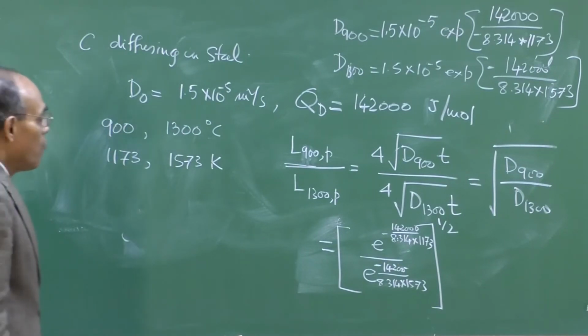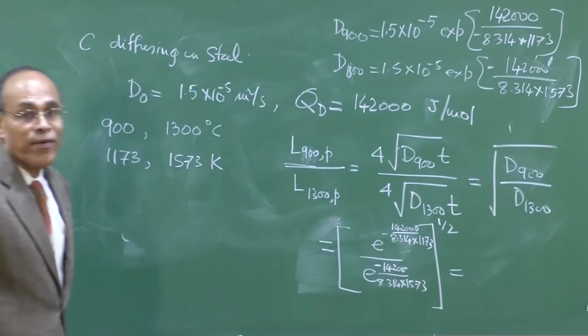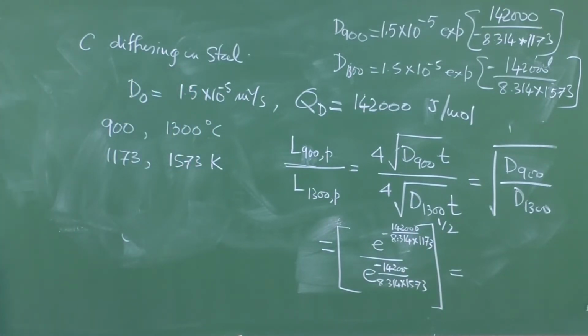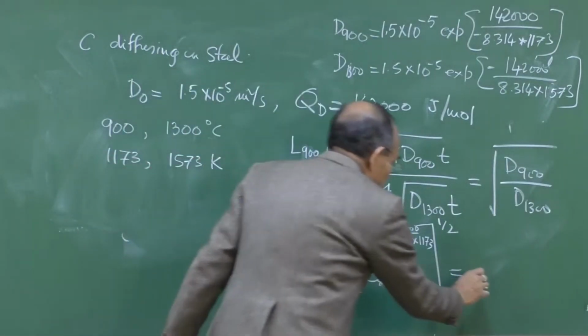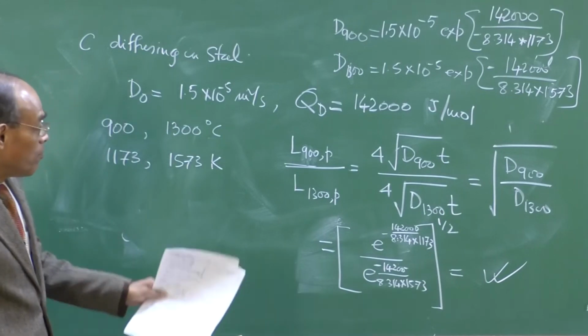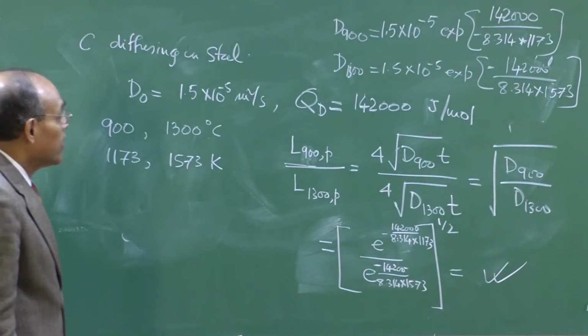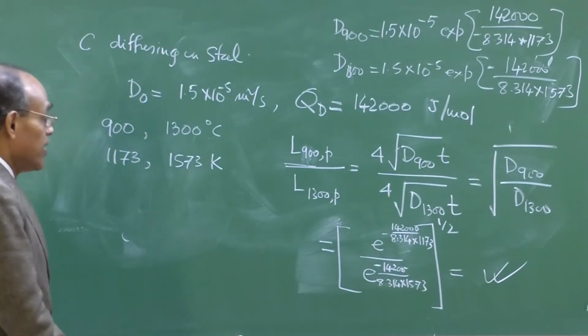And you can find out now that e to the power A divided by e to the power B is equal to e to the power A minus B. So, you should be able to evaluate this value and then find out the final answer to the problem: by increasing the temperature, by what fraction the penetration distance really increases.